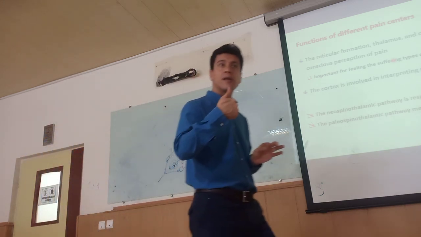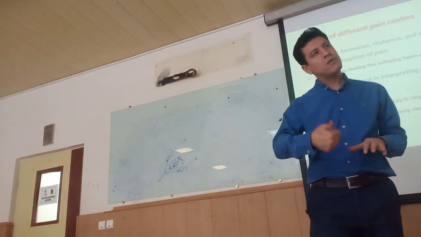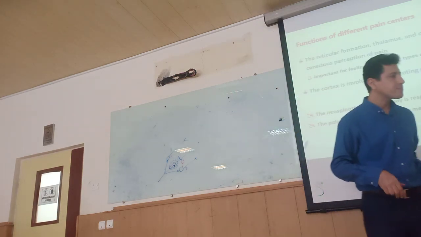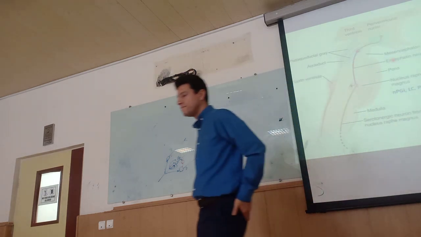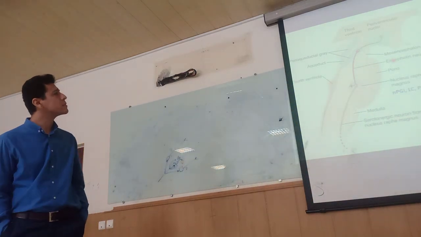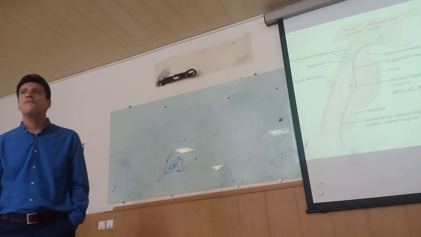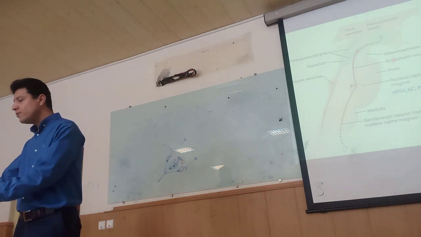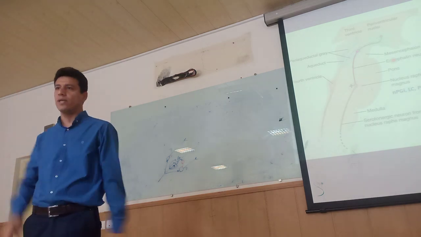Each area of the cortex, mainly somatosensory area 1, but also insular cortex. So, we have seen two different pathways for transmission of pain signals to the cortex, right?